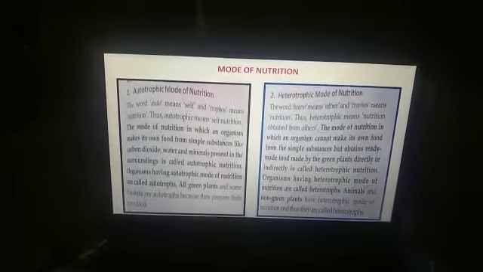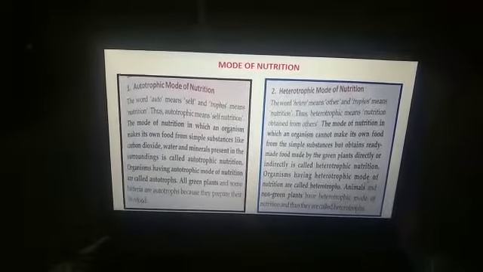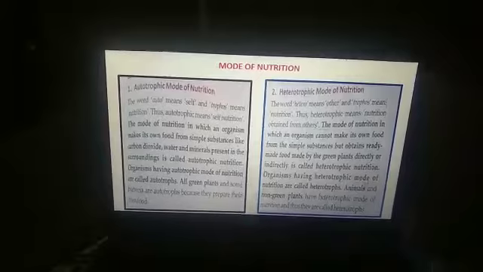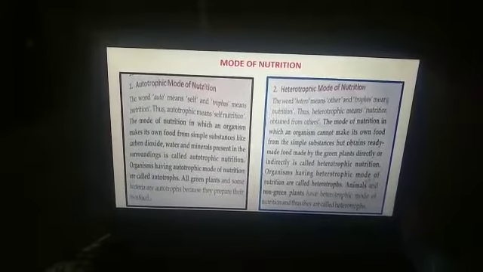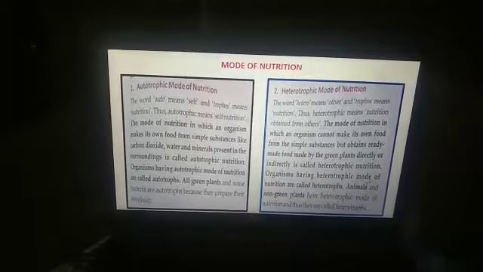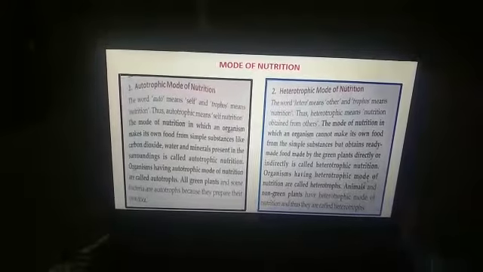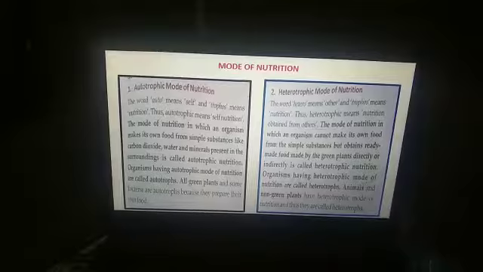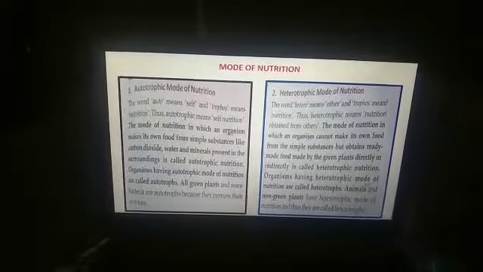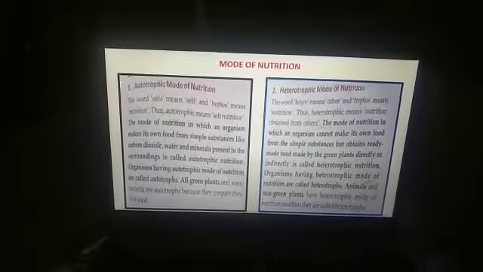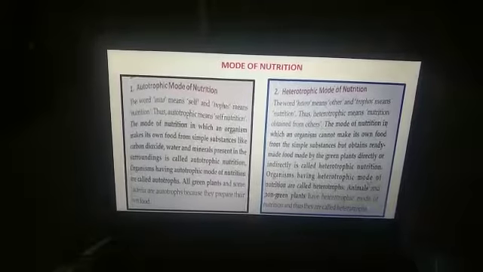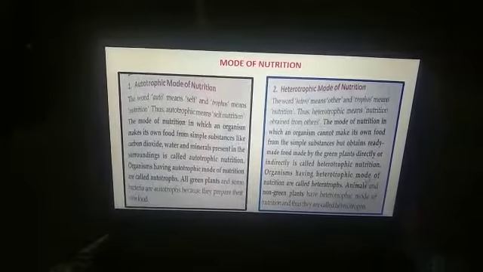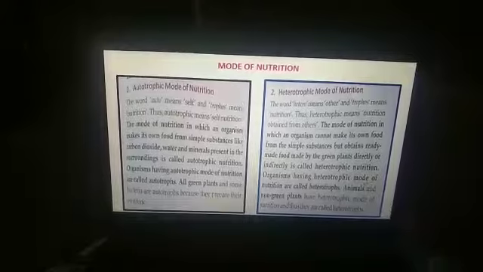So, autotrophs are the green plants which can prepare their own food by using simple substances like carbon dioxide, water, and minerals present in the surroundings with the help of the process of photosynthesis. So, autotrophs are those organisms which can prepare their own food, or we can say that autotrophs are those organisms which can do self-nutrition.